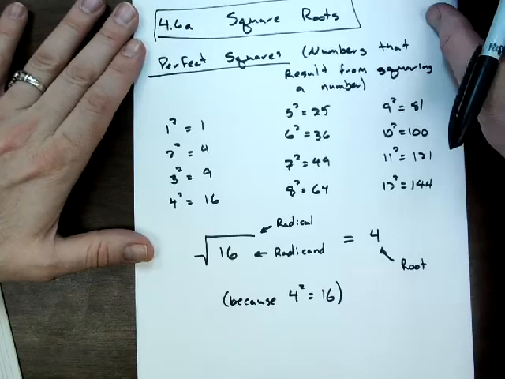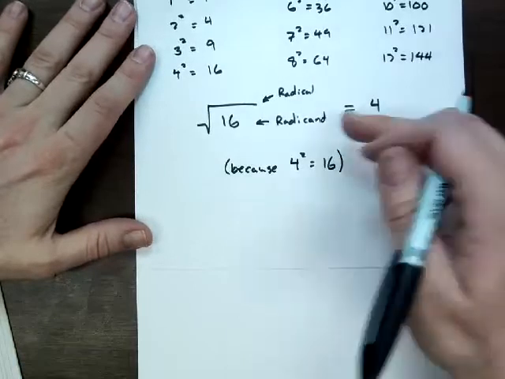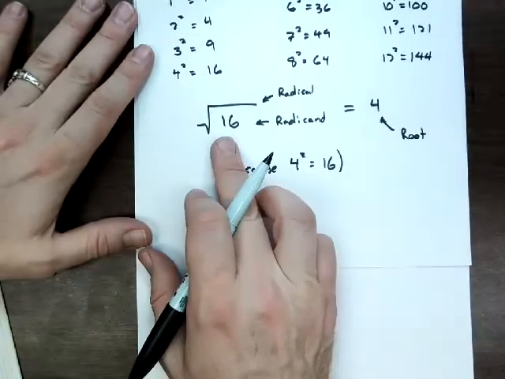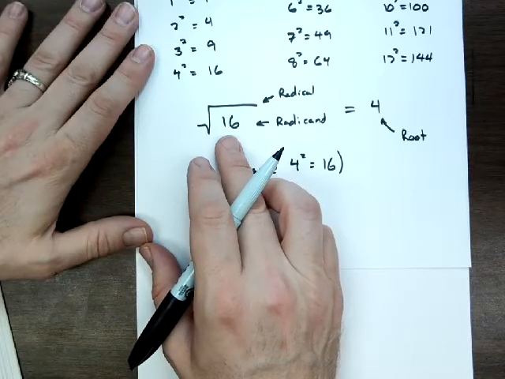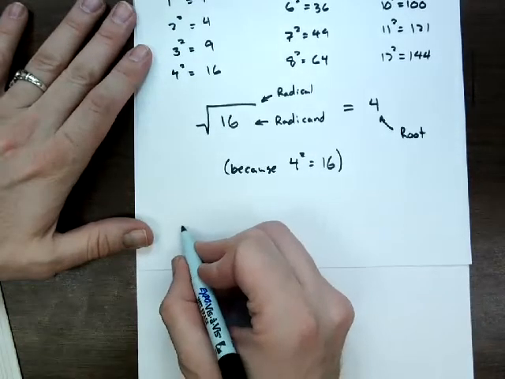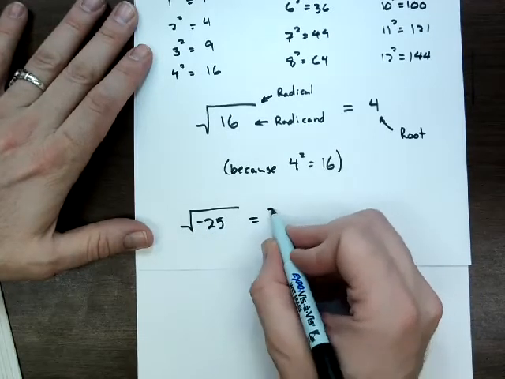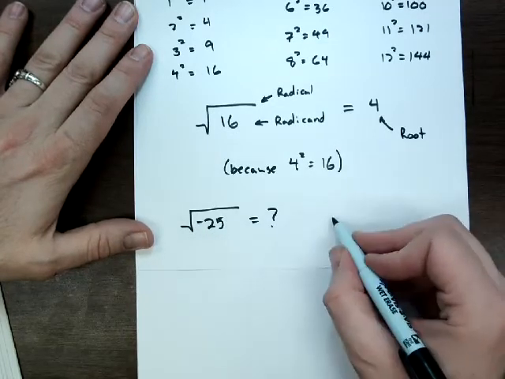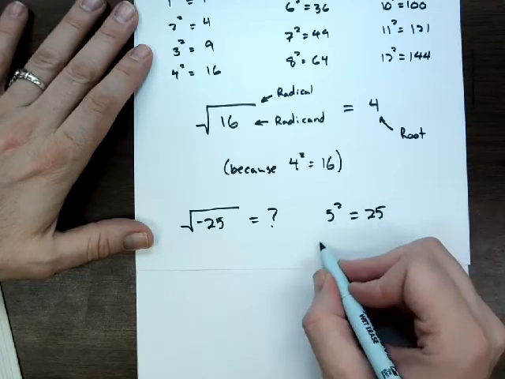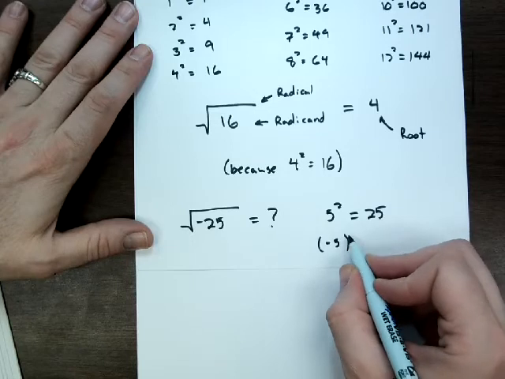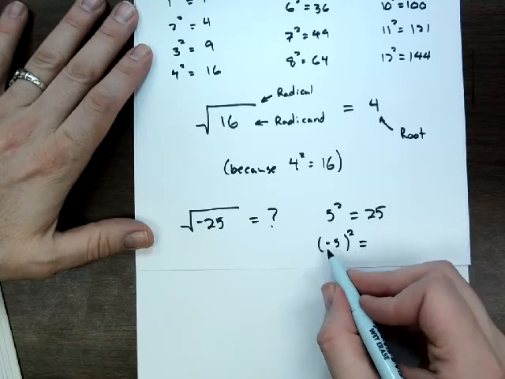Now there's a couple things to note. If we've got a radical like this, could I have a negative number under that radical? Say I've got something like the square root of negative 25. Can I do this? 5 squared is 25, and if I take negative 5 times itself, negative 5 times negative 5 is a positive 25.